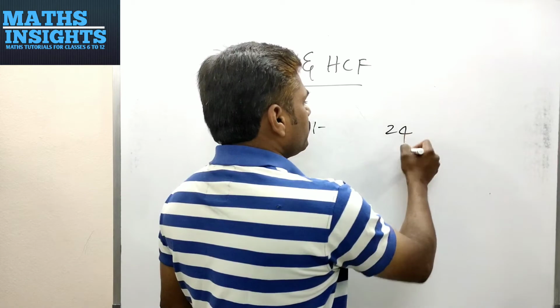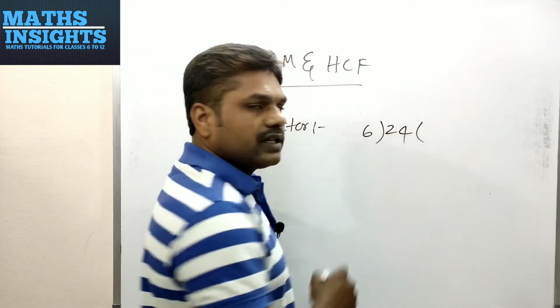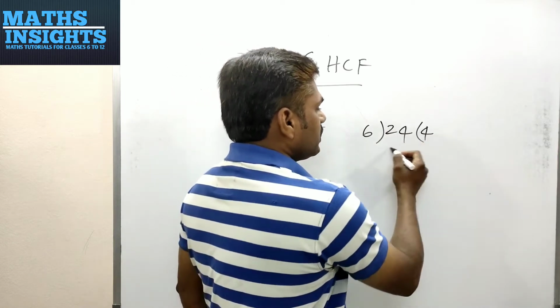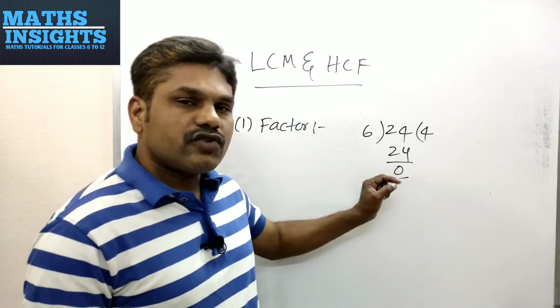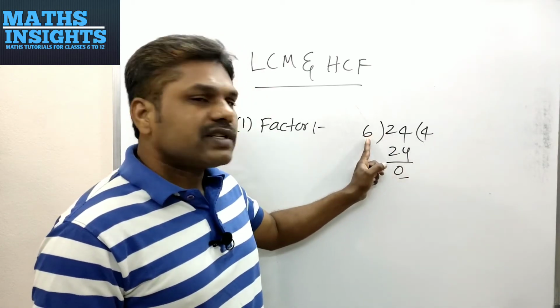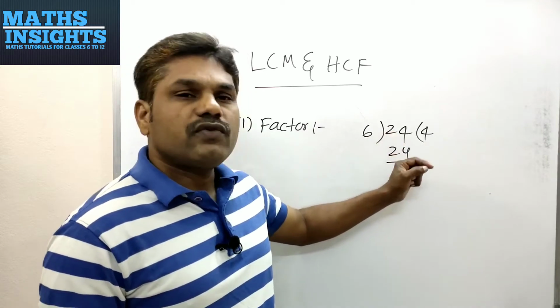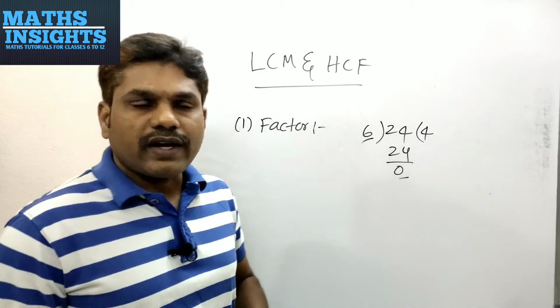If you divide 24 by 6, 6 fours are 24, then it will divide it exactly and the remainder will be 0. Then only you will say that 6 is dividing 24 exactly. Then you will say 6 is a factor.